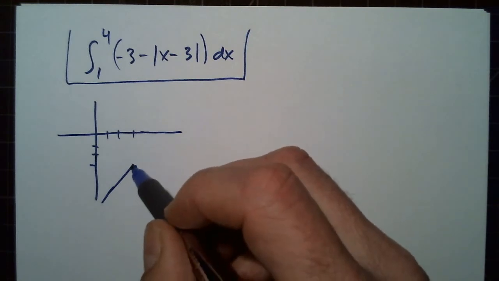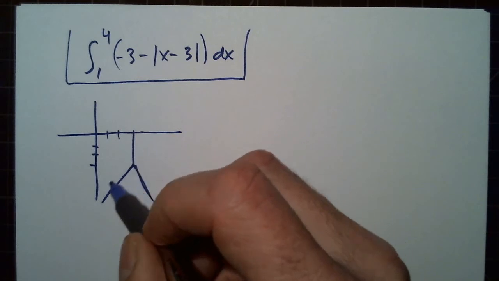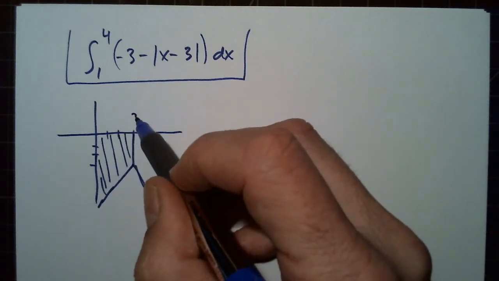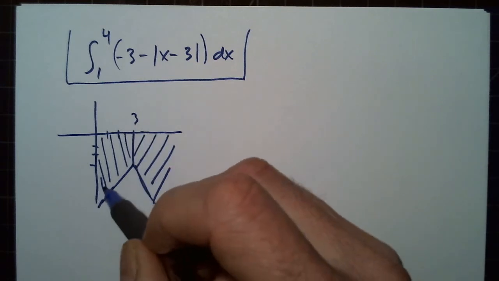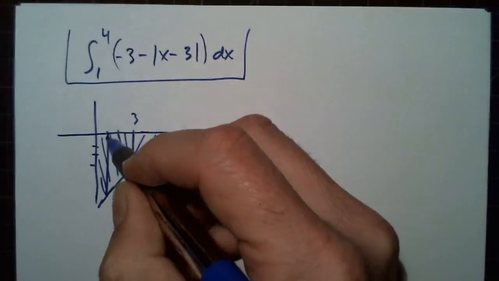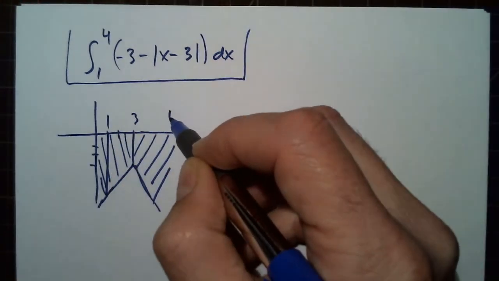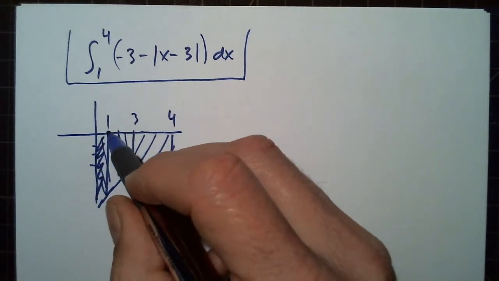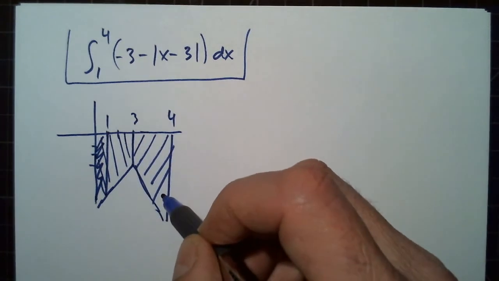So we could look at finding this region and this region. We're going from, just go from 1 to 4. I'll just call that 4, and then it'll be a little more accurate. We don't need that part. So we need from 1 to 3 here, and then from 3 to 4 there.